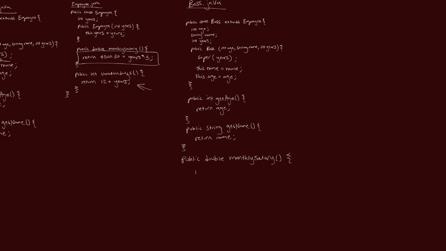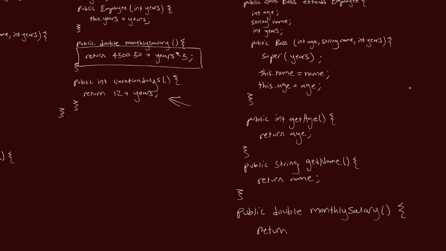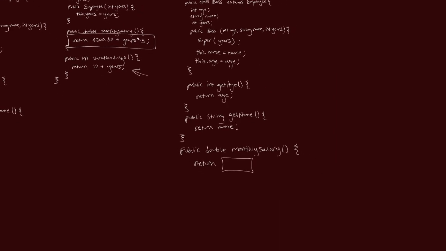Let's say the boss worked at this company for 10 years. Then it'll be 10 times 5 plus 4,500.50. And then here I want to return that value plus some extra value. To do that, you have to use super dot and then you call the method name. And then you add whatever value you want to add. Let's say the boss will get 5,000 extra dollars.